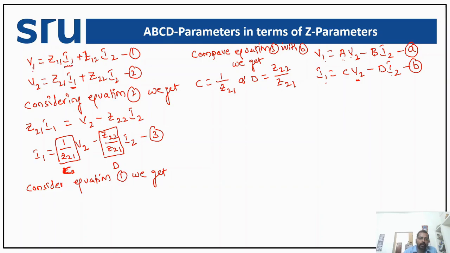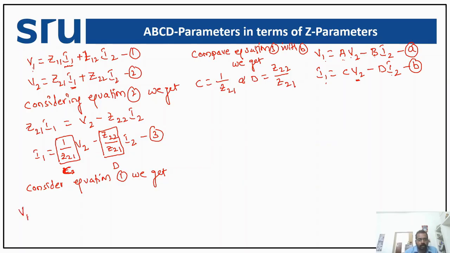We have I1 instead of V2. So we shall eliminate I1 by substituting equation 3 in equation 1, so that we get terms V1, V2 and I2. Okay, so let us substitute the equations.